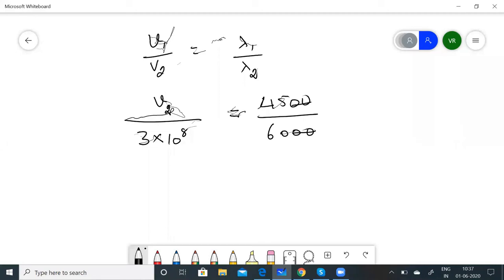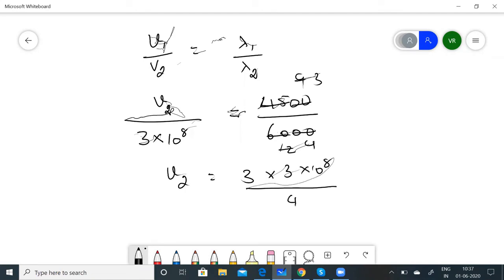So 5 9s are 45, 5 12s are 60, 3 3s are 9, 3 4s are 12. So v2 is now going to be equal to 3 into 3 into 10 to the power of 8 divided by 4. When you simplify that, that gives you 2.25 into 10 to the power of 8 meters per second.